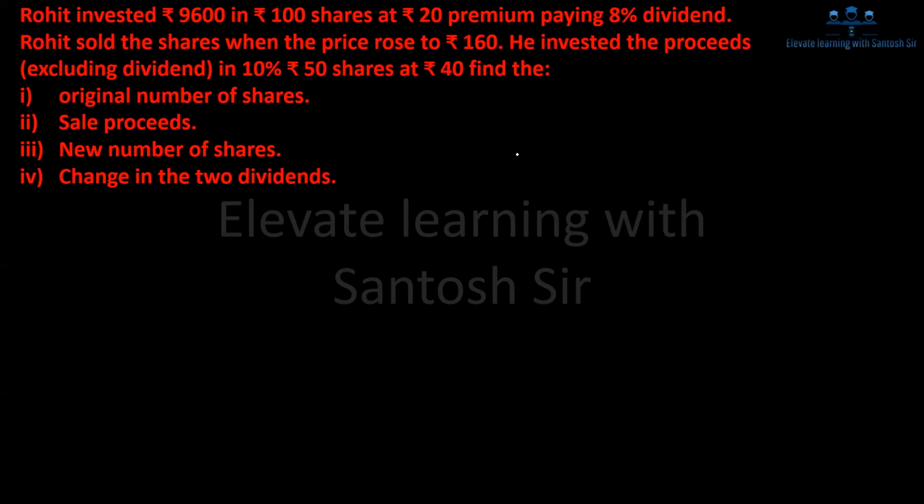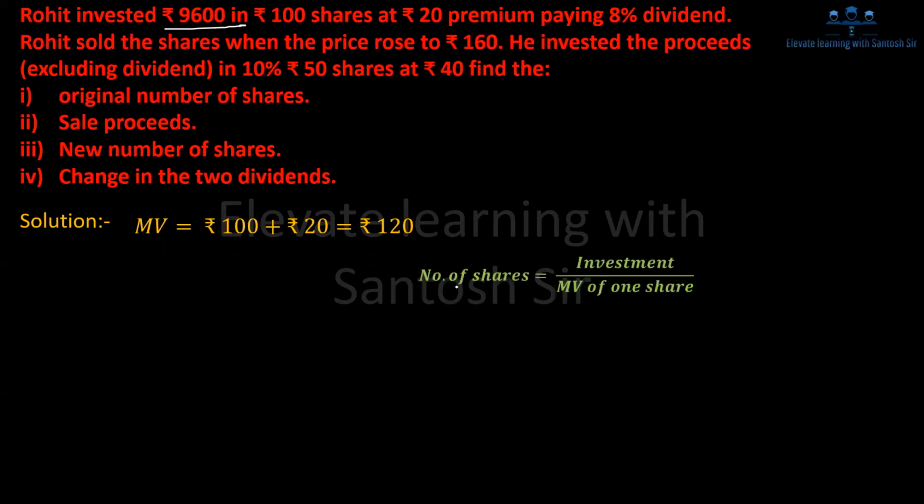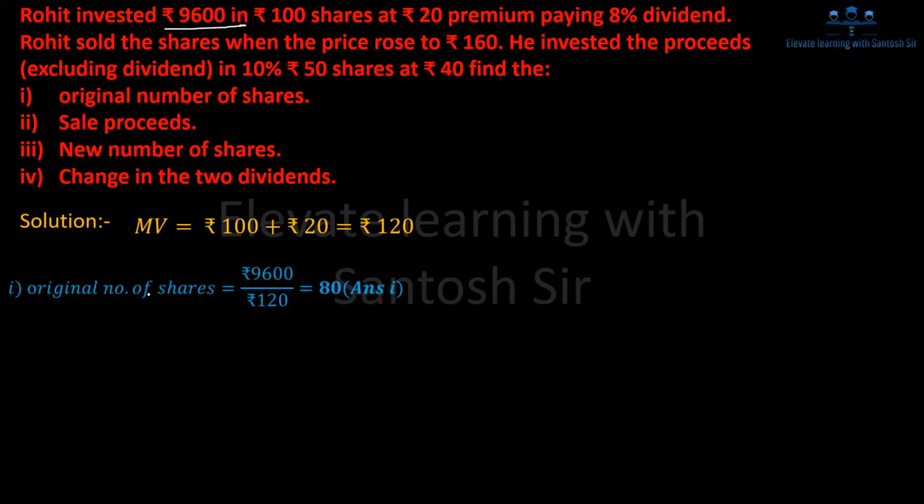Let's consider the first share. Now, for the first share, what we have is market value is rupees 120 and his investment was rupees 9,600. So let us find his number of shares. Number of shares is nothing but investment upon market value of one share, which will give us 9,600 upon 120, 80.